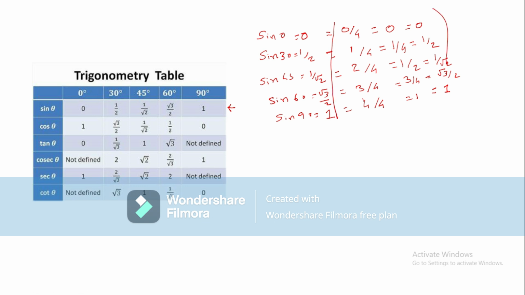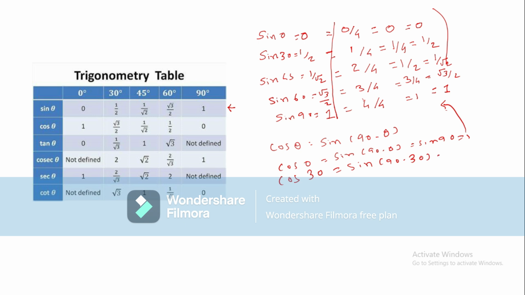Okay. Now, how will we remember the values of cos theta? As per the previous video, cos theta is equal to sine 90 minus theta. So let's say cos 0 is equal to sine 90 minus 0, which is sine 90, which is equal to 1 that we have derived from above. Similarly, if we want to derive the value of cos 30, it is equal to sine 90 minus 30, which is equal to sine 60, which is equal to under root 3 by 2.